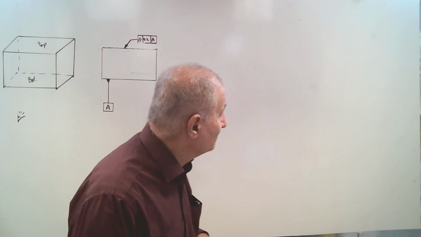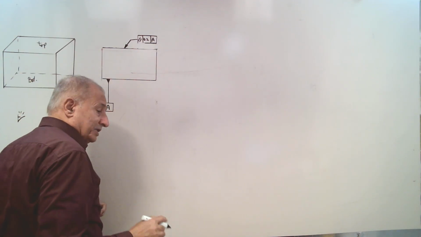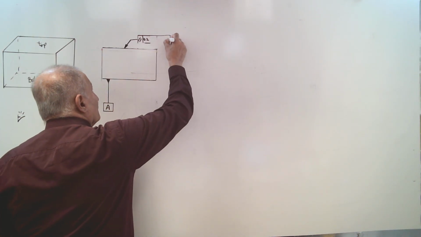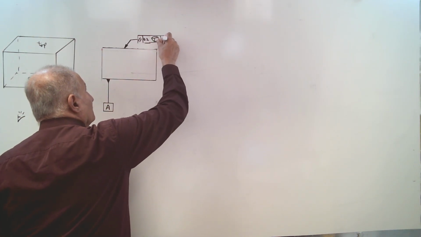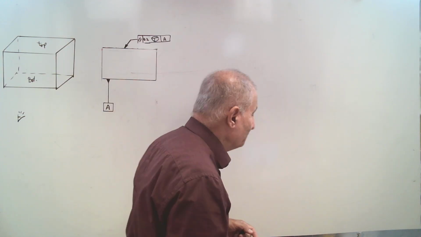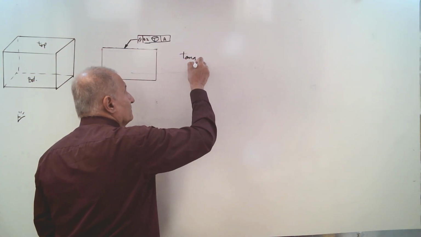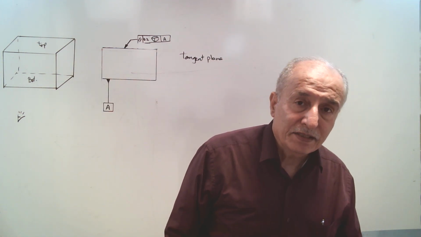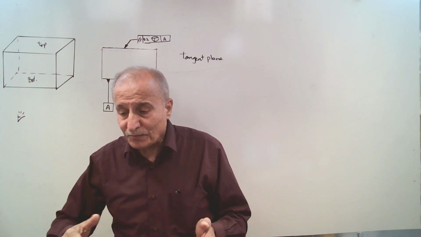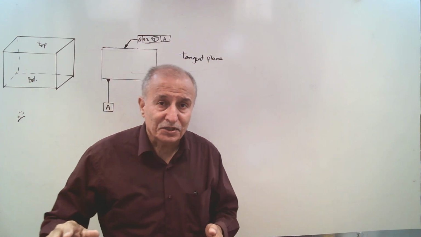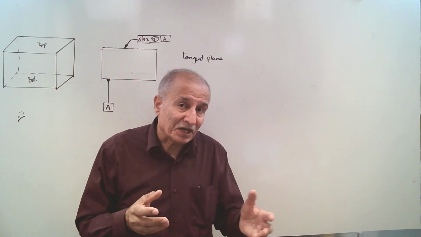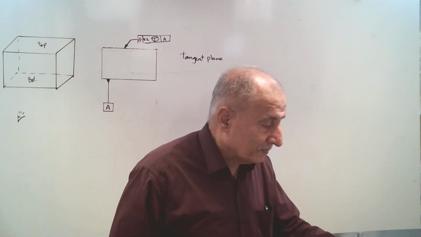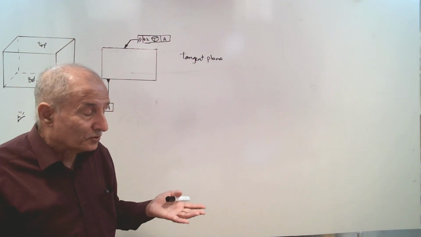What is the T modifier? I can bring it here. T modifier means tangent plane. Why do we use a tangent plane? Sometimes the surface is so irregular that measuring its parallelism is difficult with a dial indicator, for example with fin-shaped surfaces or something like that.